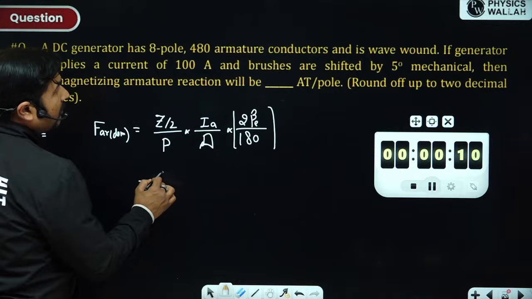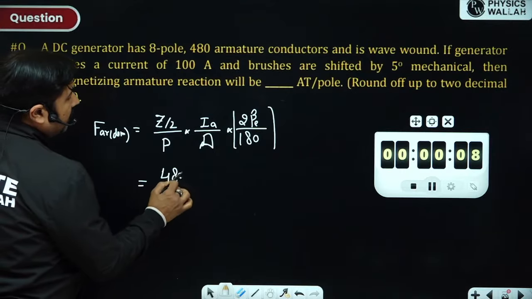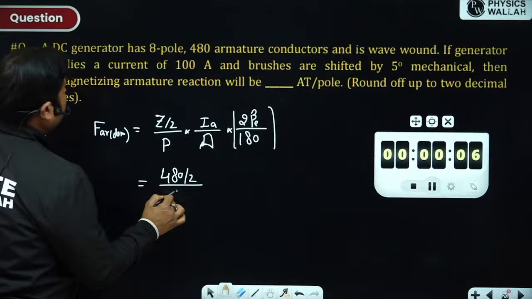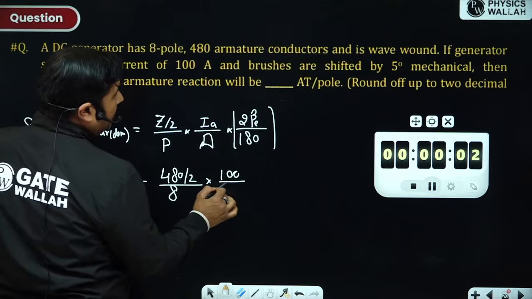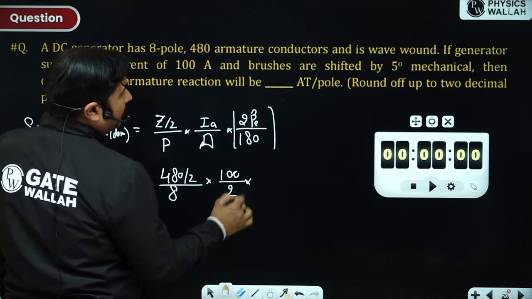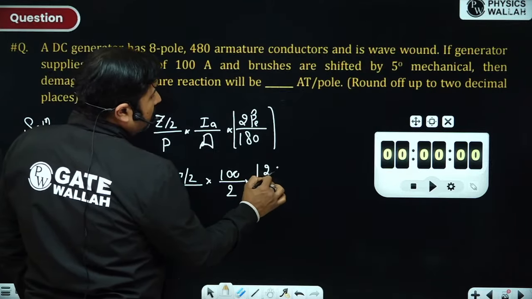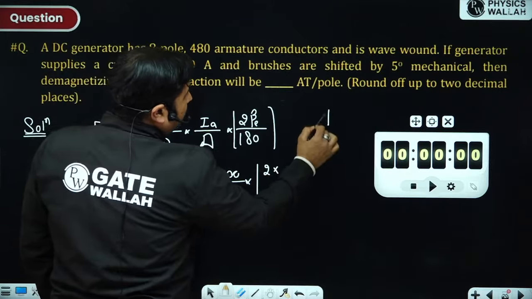So total number of armature conductors are 480 by 2 by P. This machine is designed with 8 poles, into IA is 100 by number of parallel paths for a wave wound is 2, into beta. You have to remember that beta electrical is P by 2 times beta mechanical.